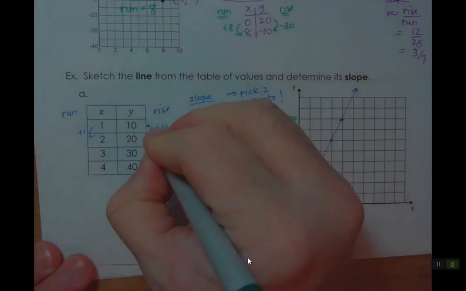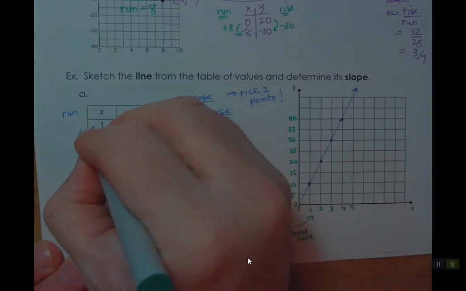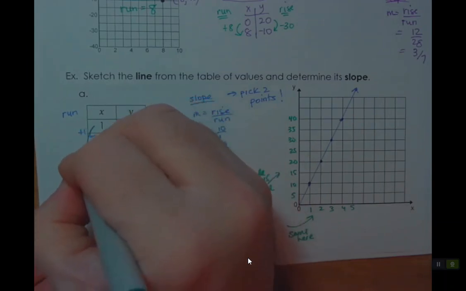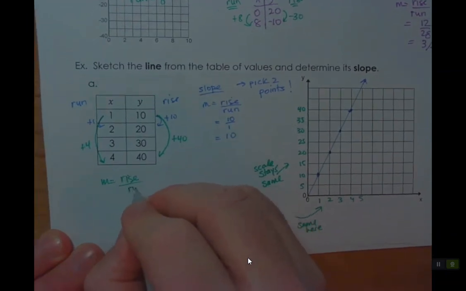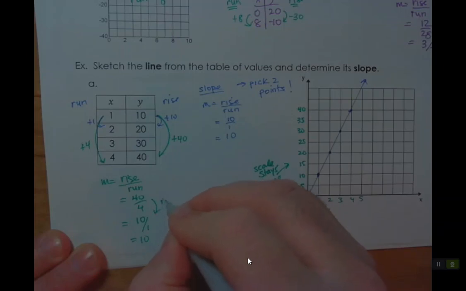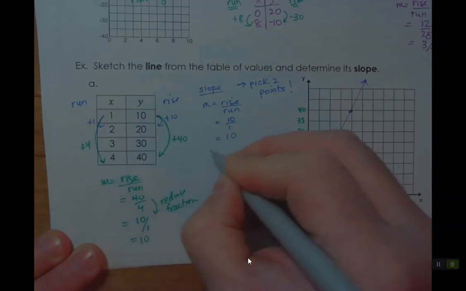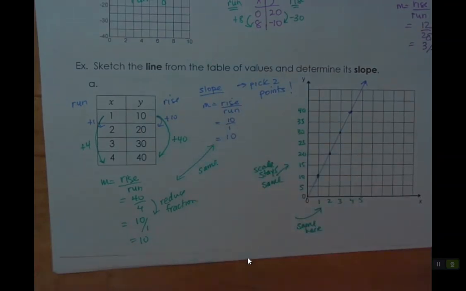Well, maybe I can go plus 40, plus 4. Rise over run. 40 over 4. And I end up reducing it to 10, right? They're the same answers. So it doesn't matter.